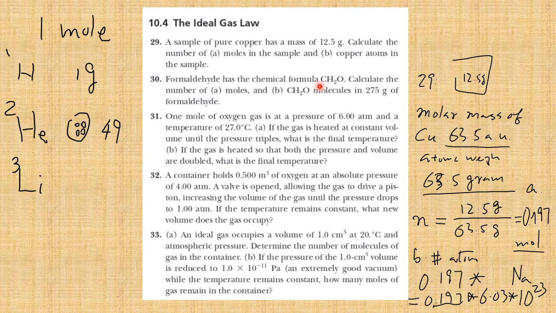So calculate the number of moles. First, we need to know the molar mass, how many grams. So you look up carbon, which is something like 12.004. Hydrogen is 1, and there are 2 of them, so 2. So 12 plus 2, roughly you get 14. Oxygen, you look at it, and it will be something like 16.